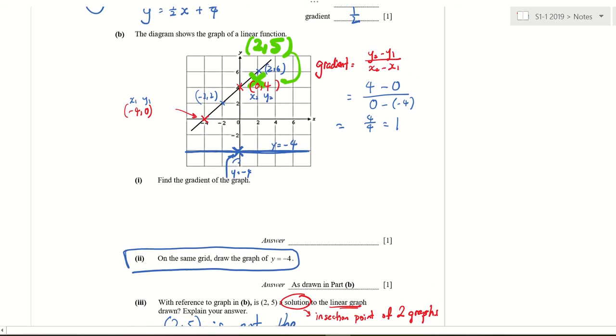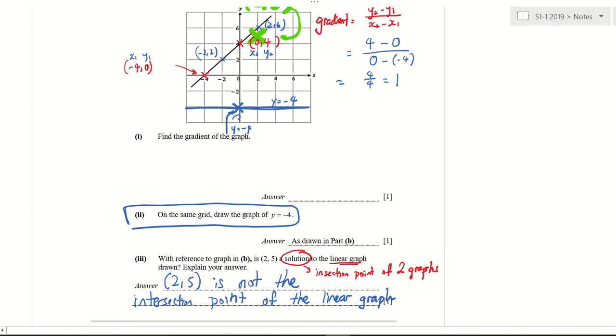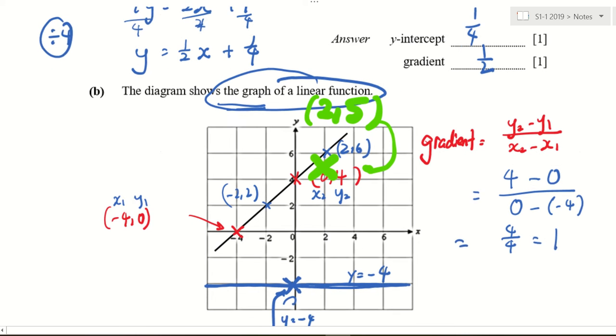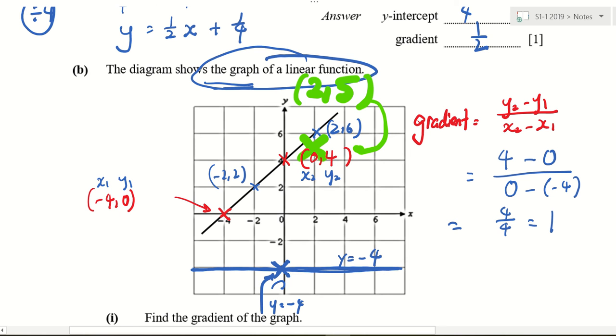Linear graph only talks about one graph. Okay, let me clarify. Just now what I said about the intersection point is correct, but this linear graph only refers to the black line. They didn't say the linear graph and y equals to -4.